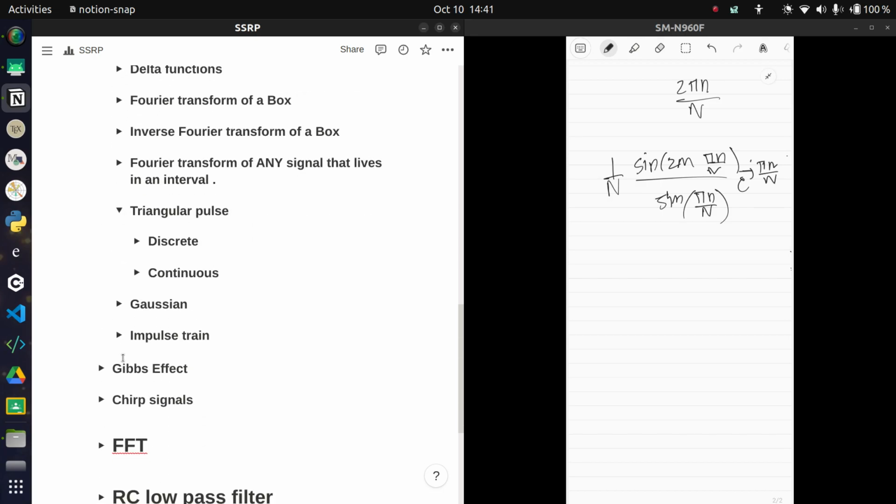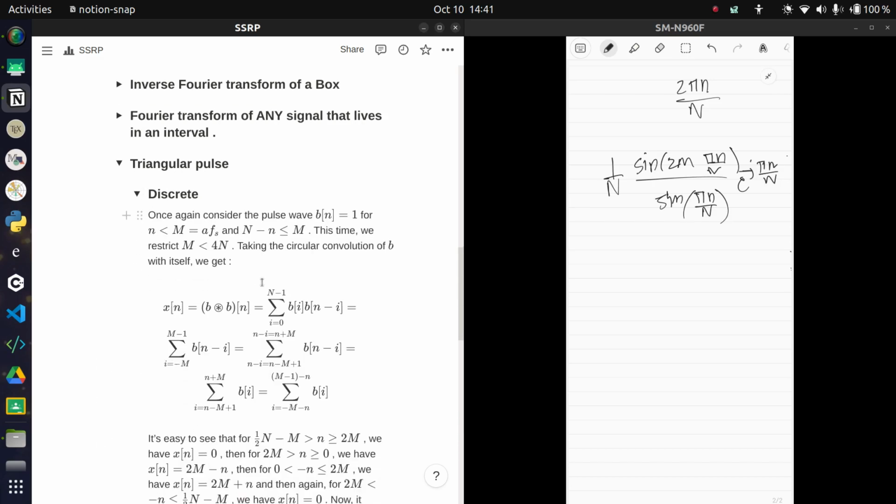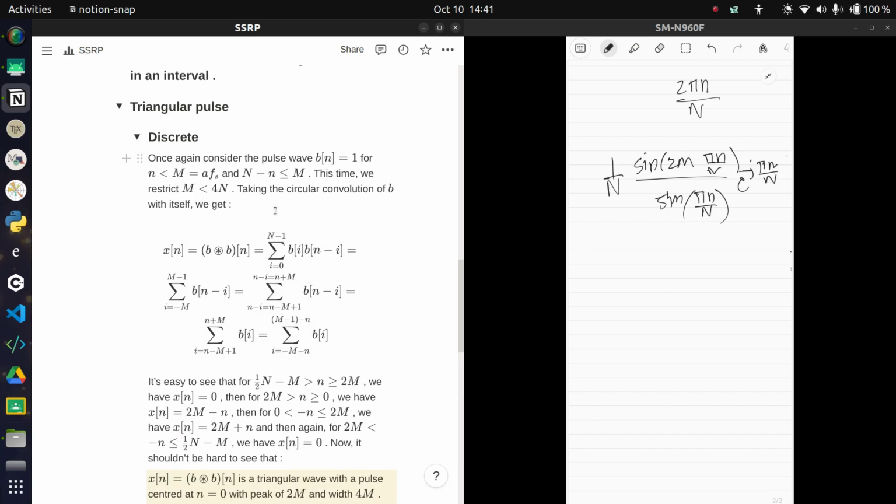Alright, triangular pulse. For the discrete case, it's doable. Once again, just consider the box function and take the convolution of the box function with itself. This is your box function going from negative a to a, it's 1.